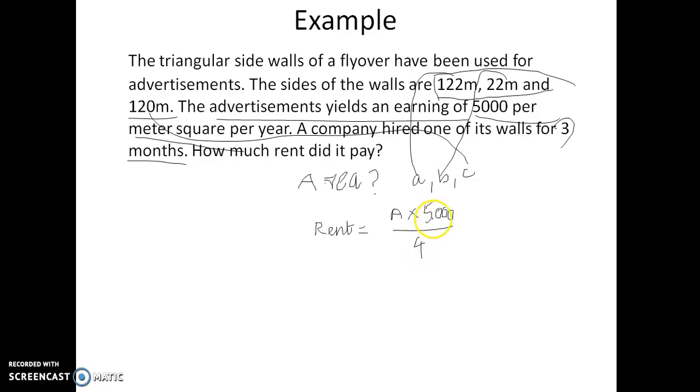So area into 5,000 divided by 4, and find out the answer. So that is your rent. Here the reason I divide by 4 is that we can split the full year into 4 parts of 3 months each. So that's why I think everyone has understood this video.